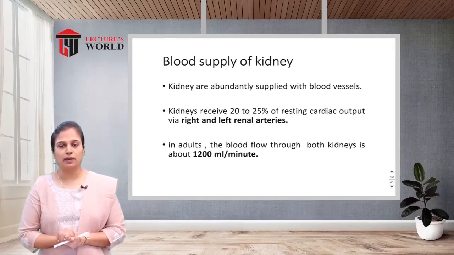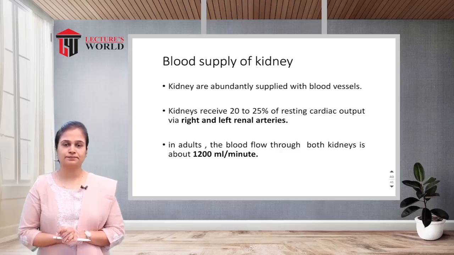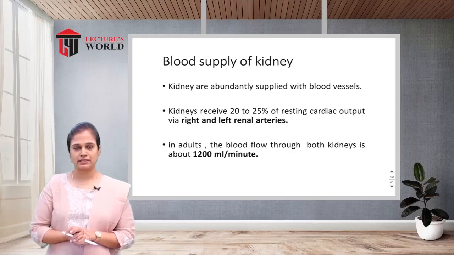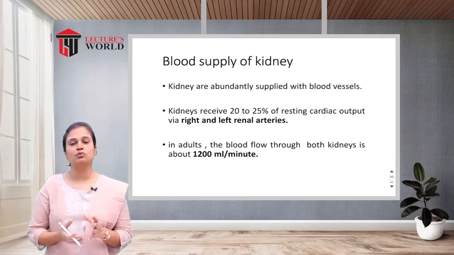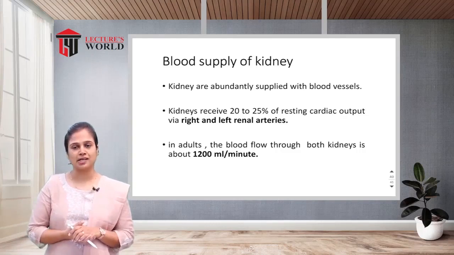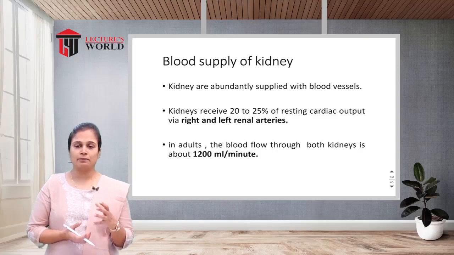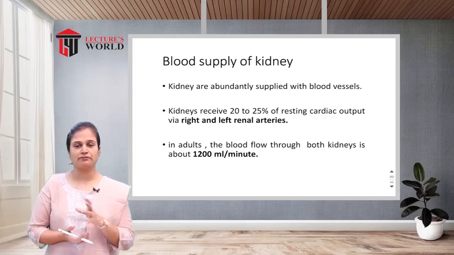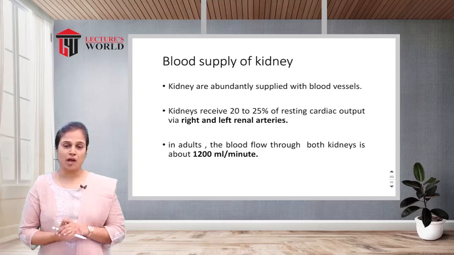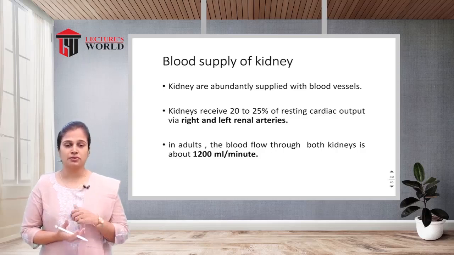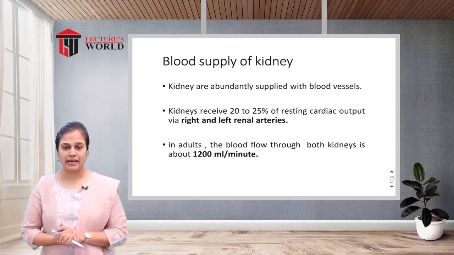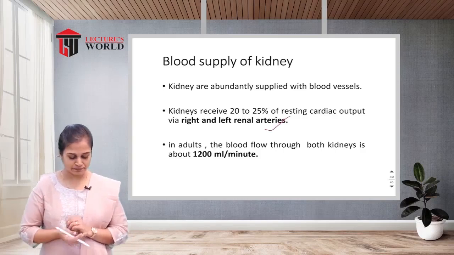We'll talk about the blood supply of the kidney. Kidneys are abundantly supplied with blood vessels, and they receive 20 to 25% of resting cardiac output. That means when we are in the resting phase, out of 100% of cardiac output, 20 to 25% goes to the kidneys via the right and left renal arteries.